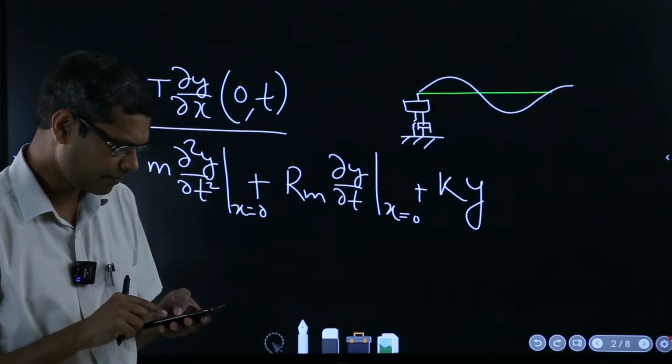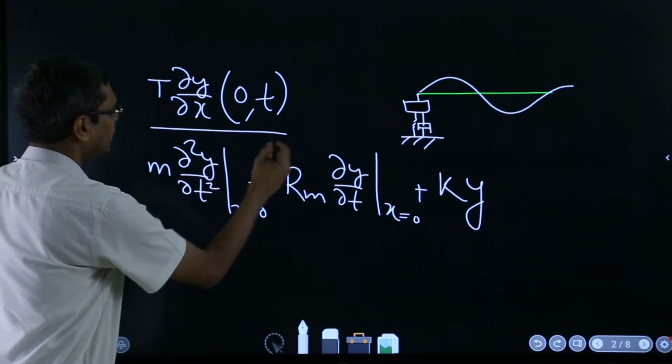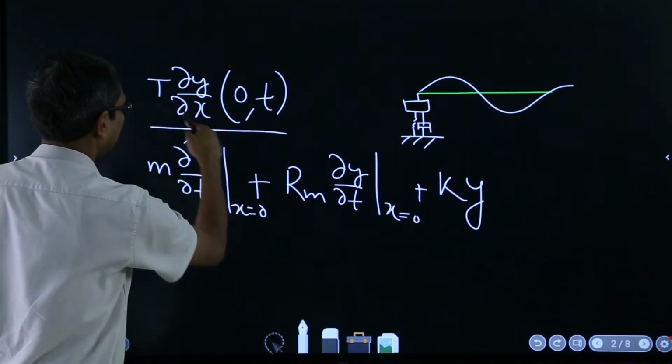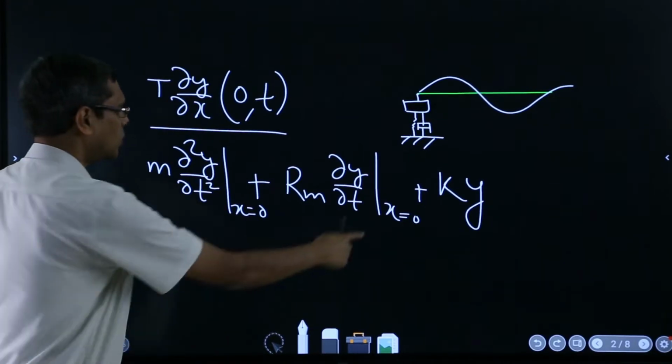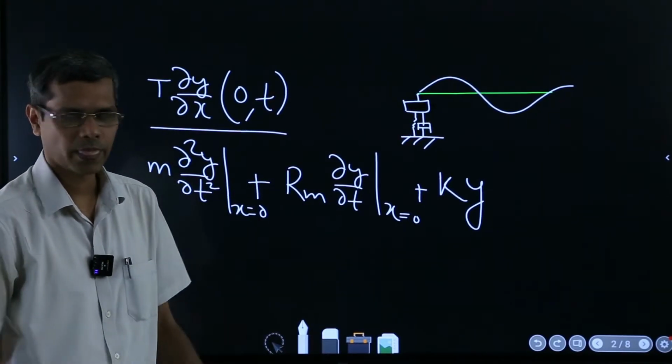Now, you equate these two things, because this is the force which is coming onto this system. You can think like that, right?